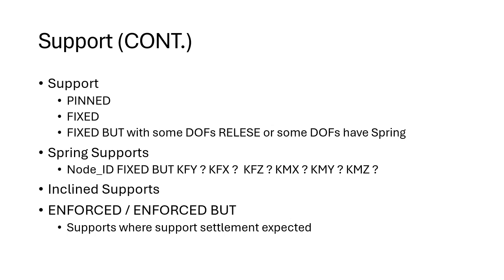So this was about support, and with fixed but I can give a spring value in any direction, 3 translation and 3 rotation. So KFY, KFX, KFZ, they are translation springs and rotational springs.